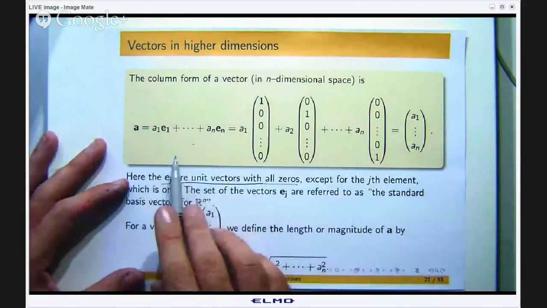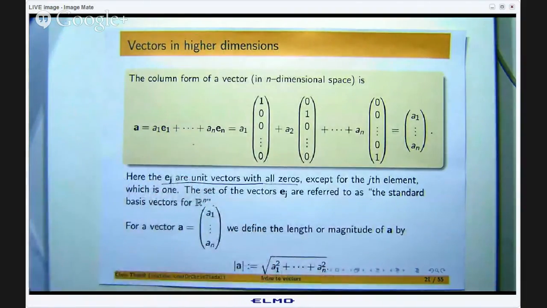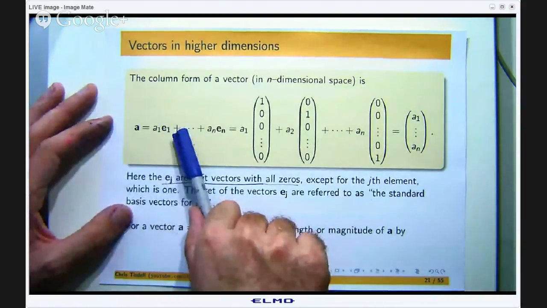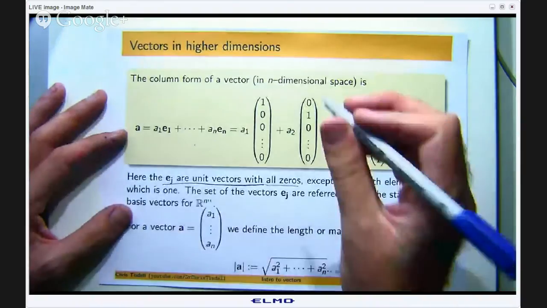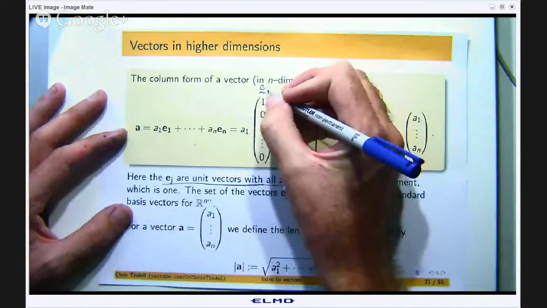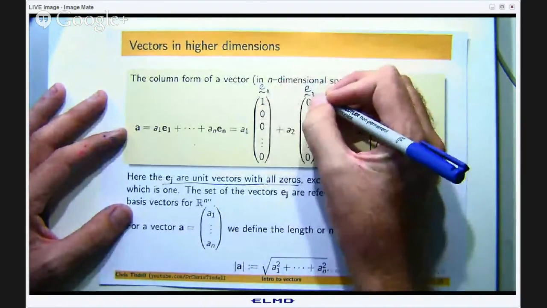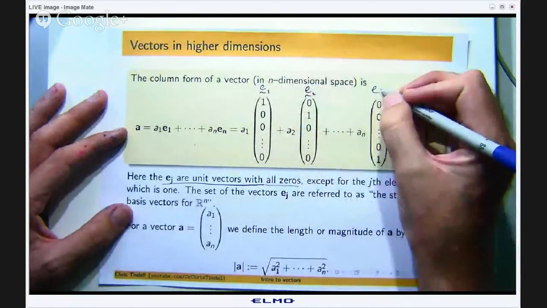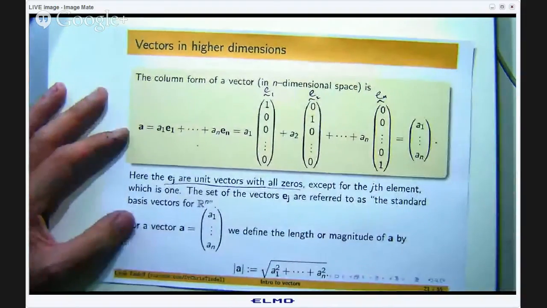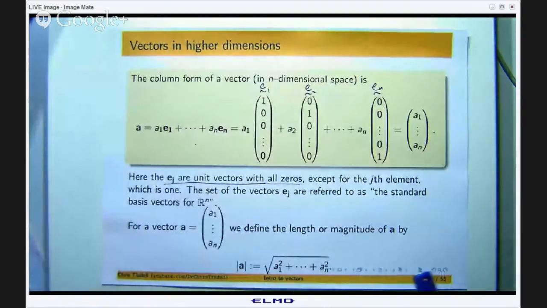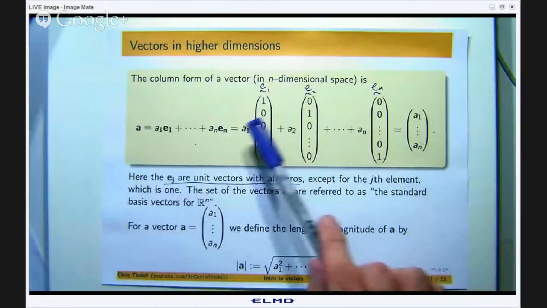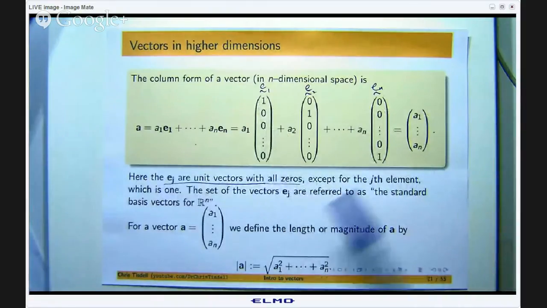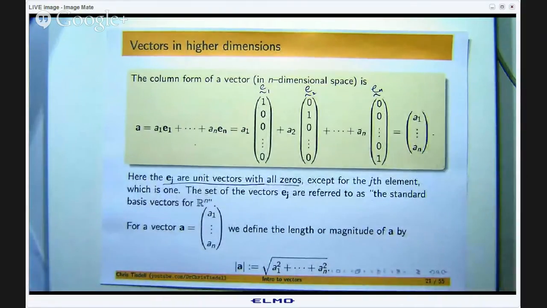Okay, so instead of using i, j, and k, you're going to run out of letters, of course, you use these e sub 1, e sub 2, e sub 3, etc. Okay, so this would be your e sub 1, this would be your e sub 2, these columns, this would be your e sub n, and you can form any vector in n-dimensional space through a combination of these basis vectors. Here the a1, a2, a3 up to an are all just numbers.